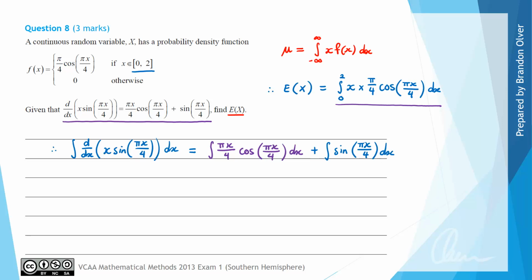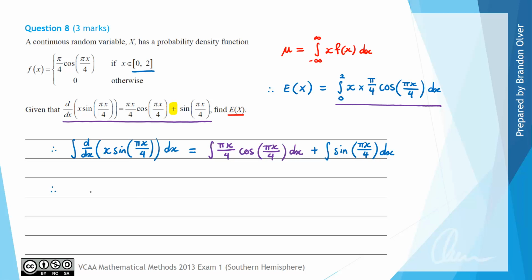So in that line we've integrated both sides of this given equation, and we've also split up the integral on the right hand side over the addition sign, which is one of the properties of integrals we are allowed to apply.